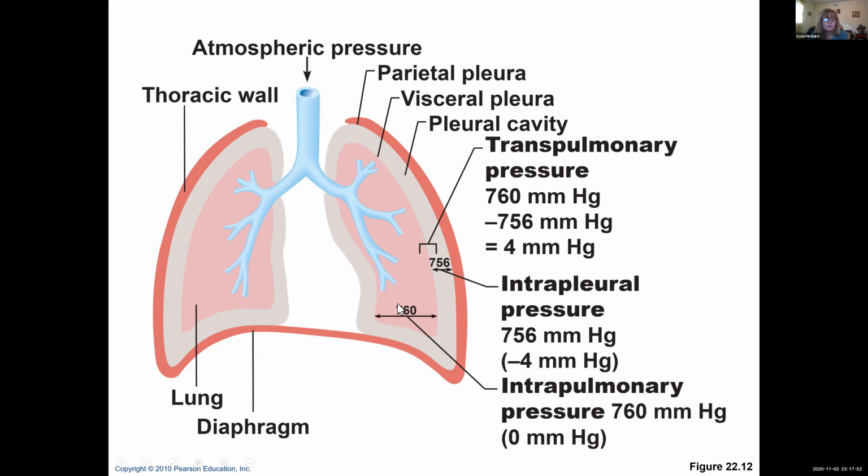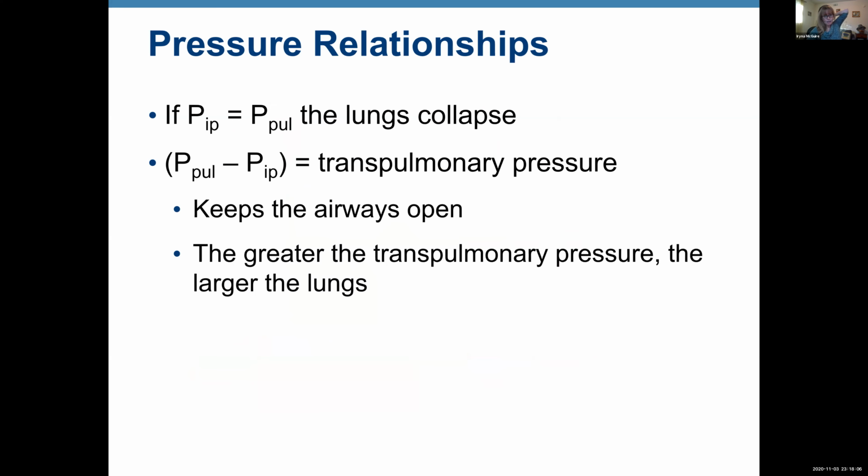Now, in between, if you take 760 minus 756, you will have what we call transpulmonary pressure, right? The difference between these two pressures gives you a difference of 4 millimeters mercury. Now if our intrapleural pressure and pulmonary pressure are equal, then the lungs collapse.